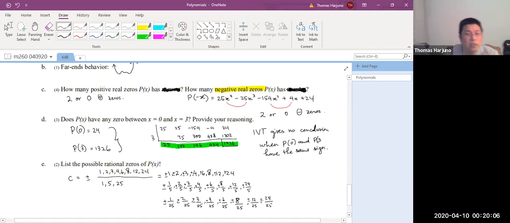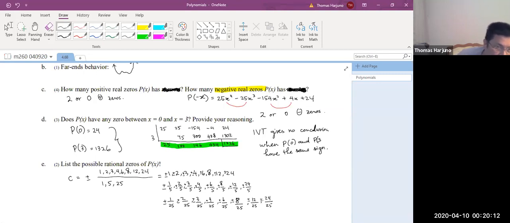But notice the side effect of what I did in part D. When I tried 3, doing synthetic division against x minus 3, the last row is all positive numbers.